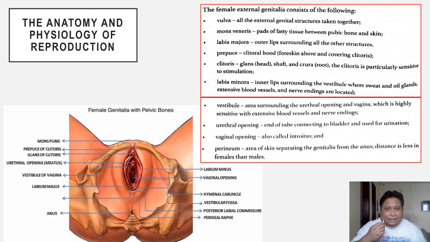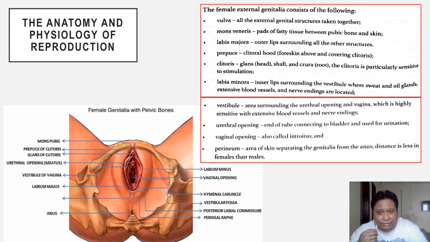It's the area surrounding the urethral opening and the vagina, which is highly sensitive with extensive blood vessels and nerve endings. You can see there in the drawing the vestibule of vagina, that is what is being pointed out.